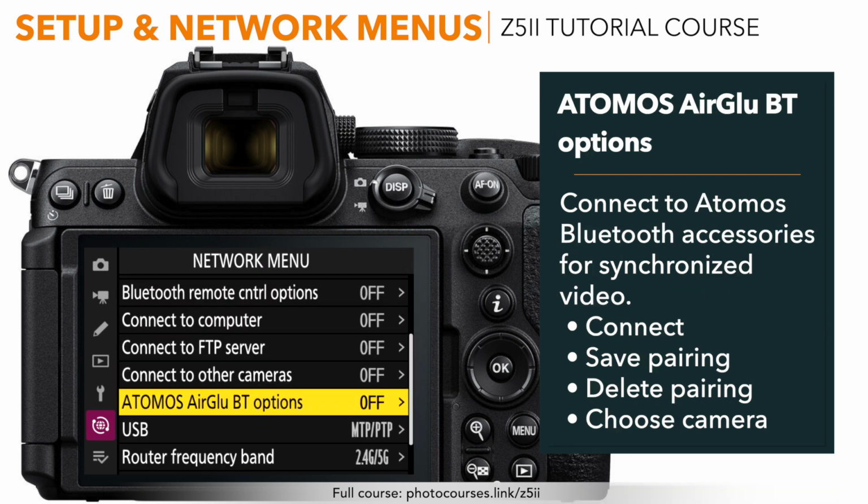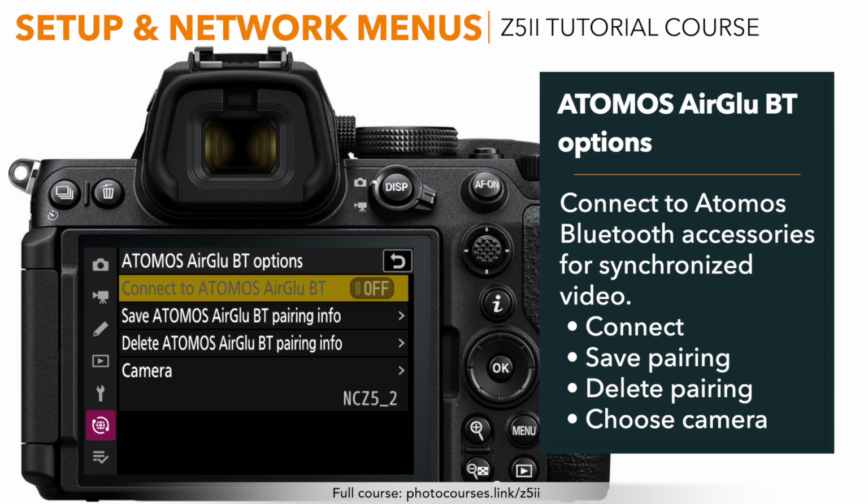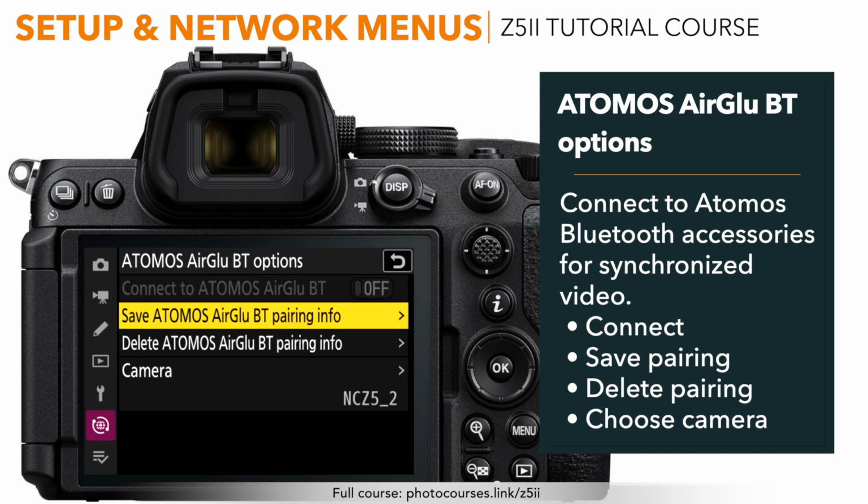Atomos has some Bluetooth accessories that are used to connect and synchronize compatible devices for large productions so that all of your time codes amongst multiple cameras are synced to one another, and you can set up some of these options here. Connect is going to connect to a previously paired device. The first time you do that pairing, you'll do that in save pairing.